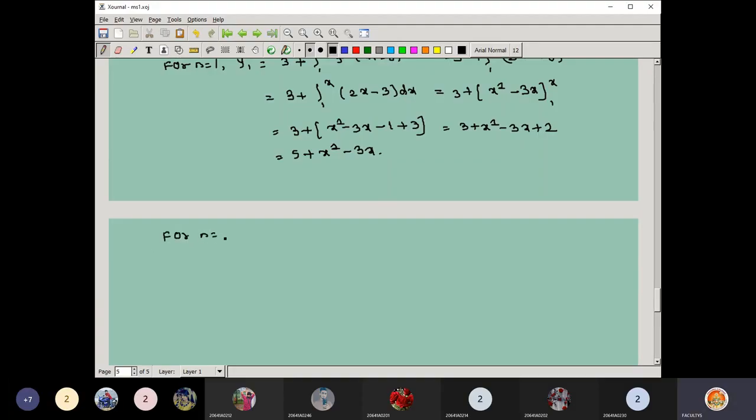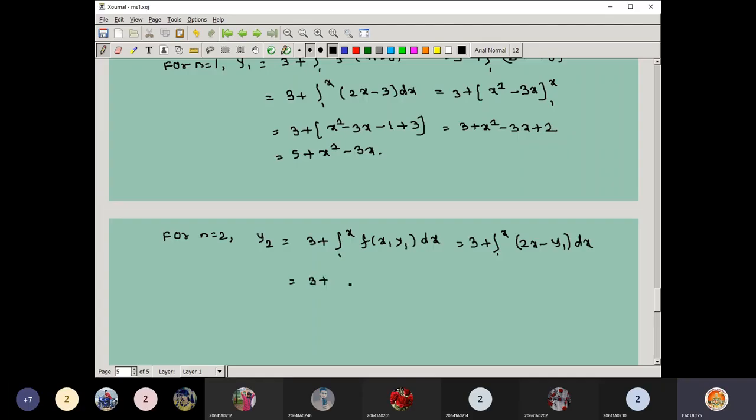For n equal to 2, write in the last expression. That is, y2 equal to 3 plus integral 1 to x, f of x comma y n minus 1, which means y1, dx. So 3 plus integral 1 to x, f of x comma y type. Your f of x comma y is 2x minus y. So in 2x minus y, you write y1 in place of y. It is dx.